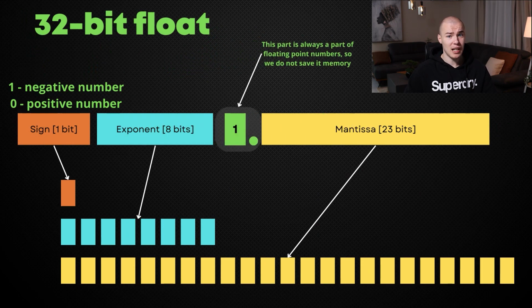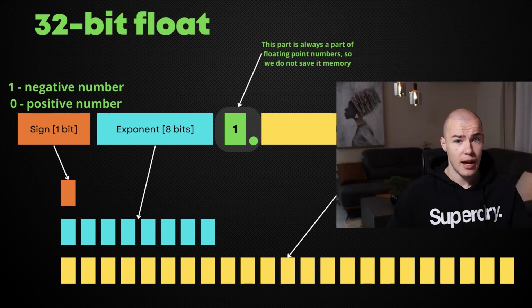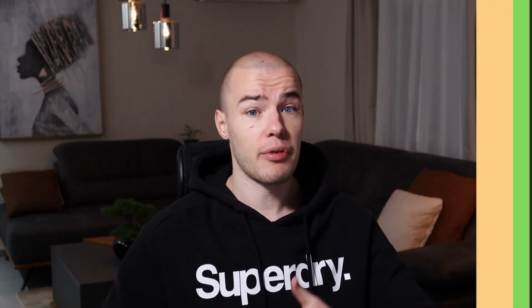And now that we got that out of the way, it's time to start discussing and actually learning what those things are and how they work in action. As I already mentioned, I take it that the sign is already covered because it's very simple, and yeah, we can continue our journey right to the exponent part.